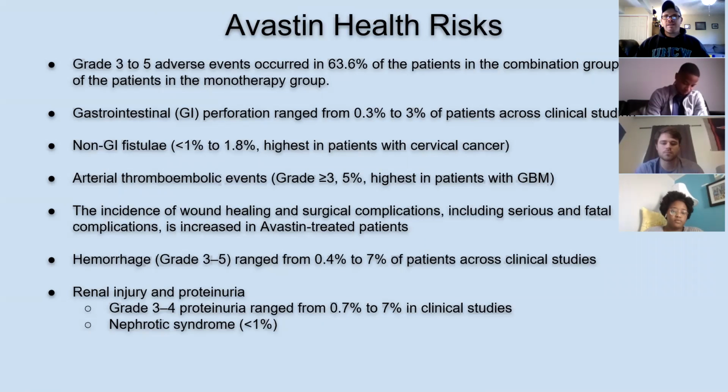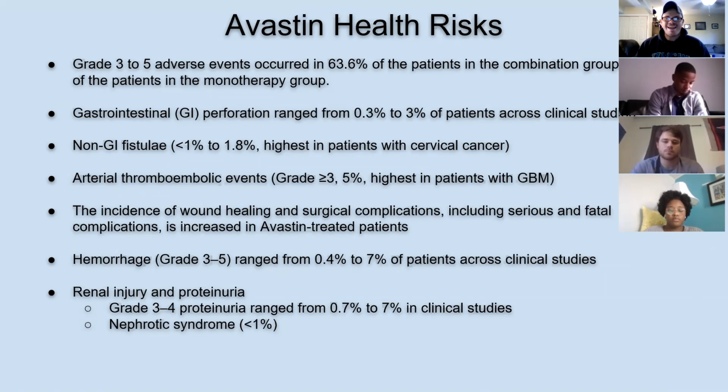A fistula is kind of like a hole, again, that can happen somewhere else. You see it in skin and other things like that. Arterial thromboembolic events, so they're throwing clots. It's getting stuck somewhere, so you could maybe have a stroke alongside it. Hemorrhaging is going to be worse.